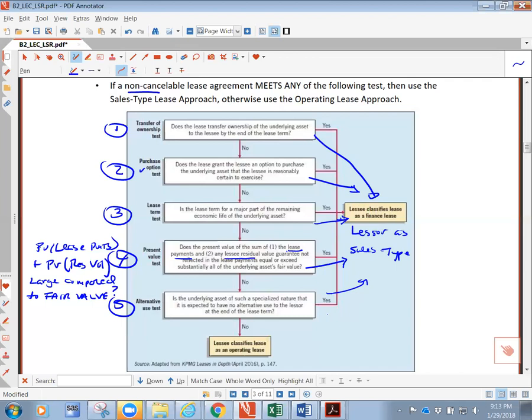The assumption is anybody who leases that must have been doing it to finance it, and it's over the life because the lessor can't get that item at the end of the lease and lease it to anybody else. So if all the answers are no, then it's an operating lease. An operating lease means it just doesn't meet any of the criteria for a sales type lease.